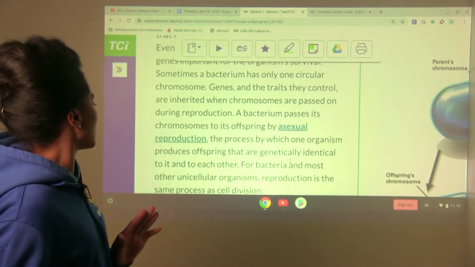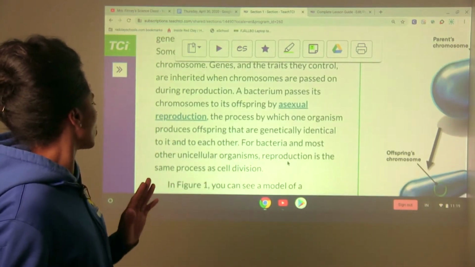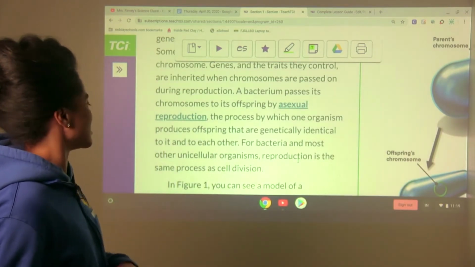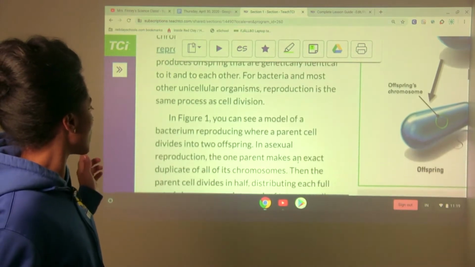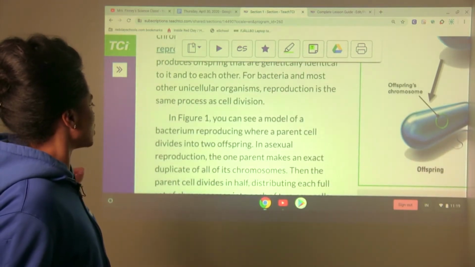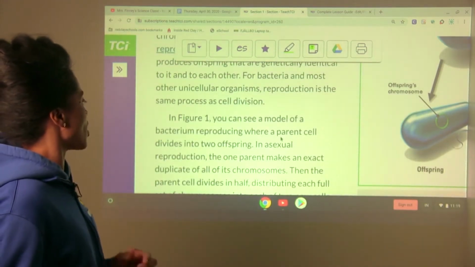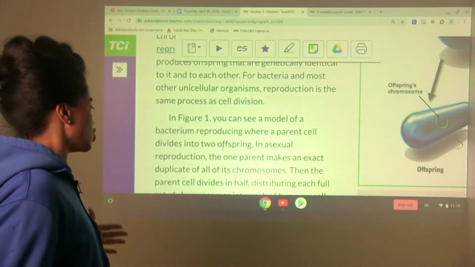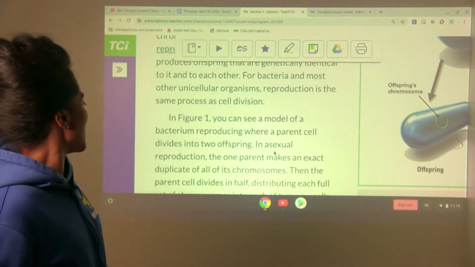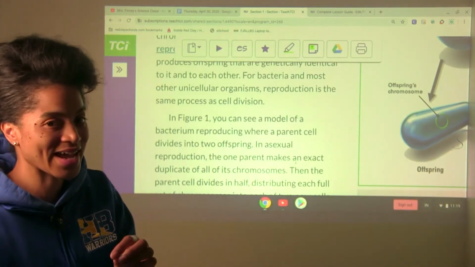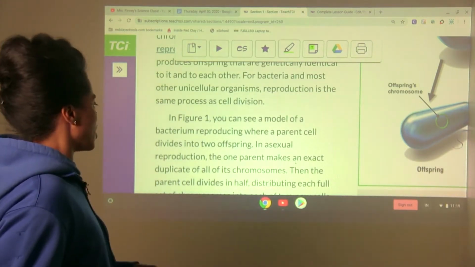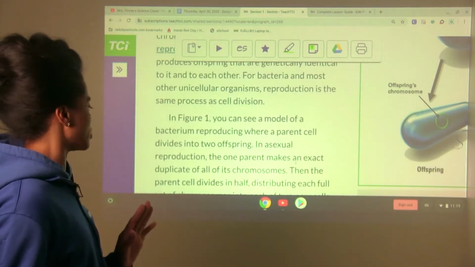For bacteria and most other unicellular organisms, reproduction is the same process as cell division. In figure 1, you can see a model of a bacterium reproducing, where a parent cell divides into 2 offspring. In asexual reproduction, the one parent makes an exact duplicate of all of its chromosomes.